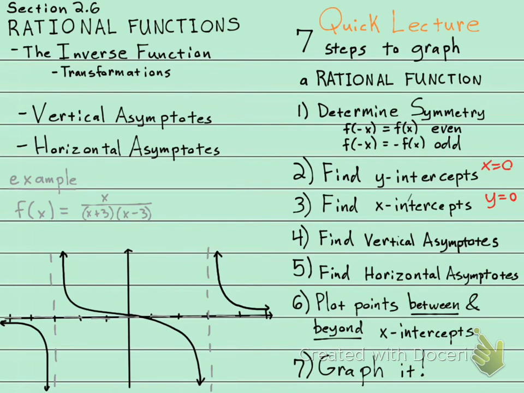So let me just tell you what these asymptotes are, and then we'll take a look a little bit deeper into how to find them. The asymptotes here are going to be x equals 3, x equals -3, vertical lines. And then this asymptote down here is going to be y equals 0.